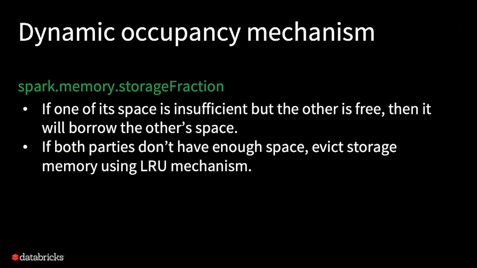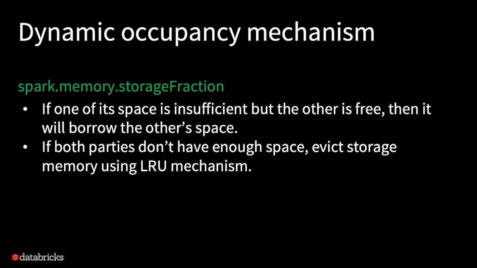We use a dynamic occupancy mechanism to manage the memory usage, which means if either execution memory or storage memory is insufficient, but the other is free, then it will borrow the other's space.